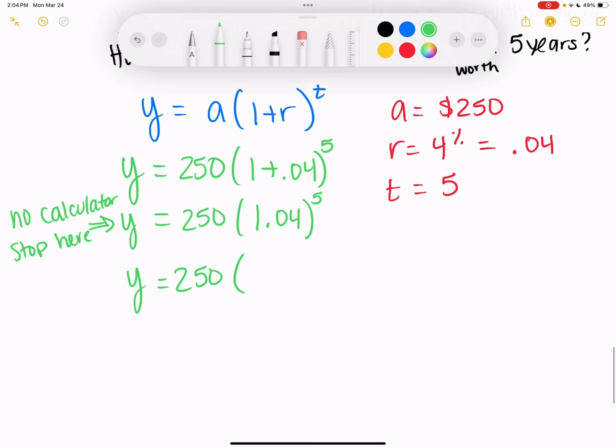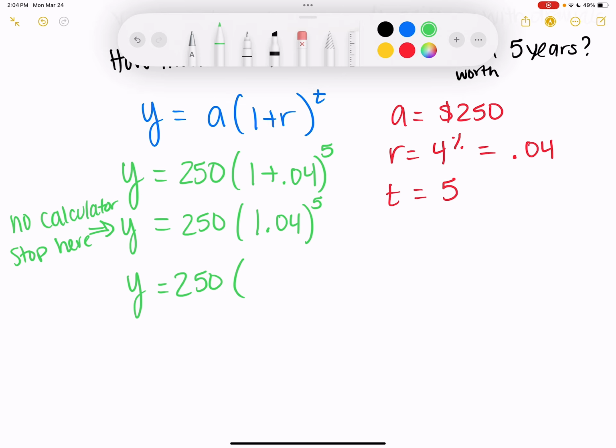Because I don't have an exponent button on here, I would just have to do 1.04 times 1.04. So far I've used 2 of them. I've got to do it 3 more. So times 1.04, times 1.04, and one more time.